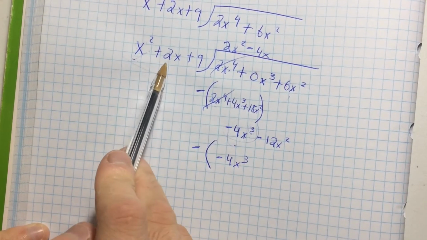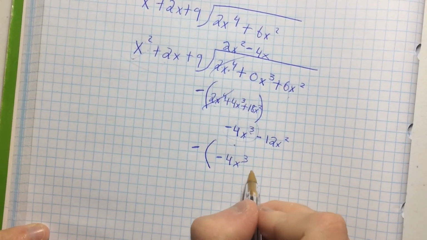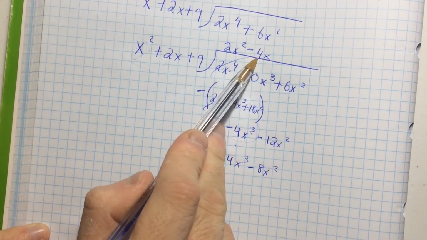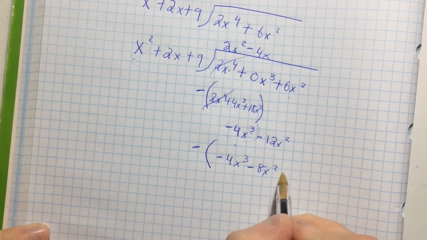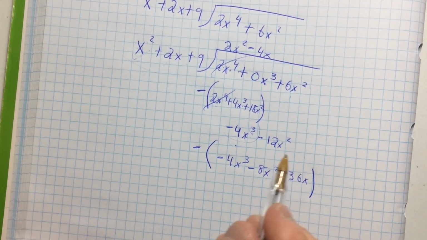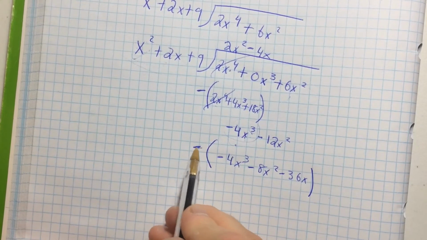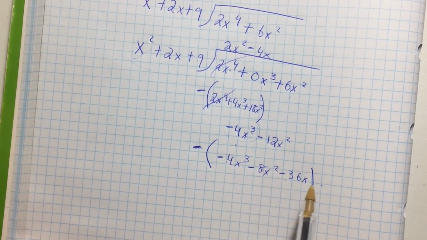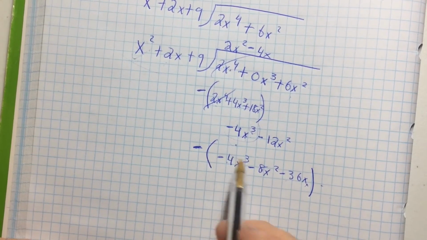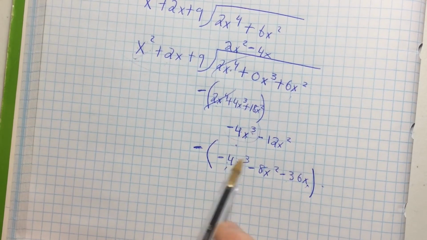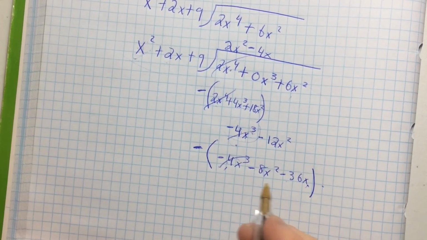Now, minus 4x times 2x is minus 8x squared. Lastly, minus 4x times 9 is minus 36x. Bracket closed. Now, the minus sign on the outside of this bracket applies to every single term in the bracket. So technically, these are all positive terms, because a negative times a negative is a positive. So negative 4x cubed plus 4x cubed, these guys cancel.